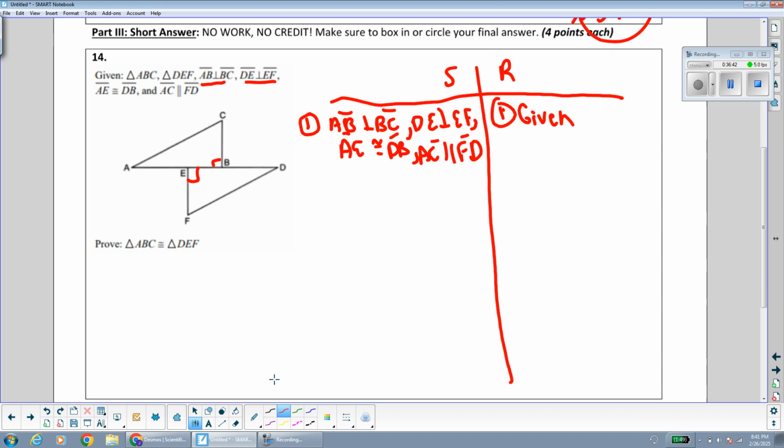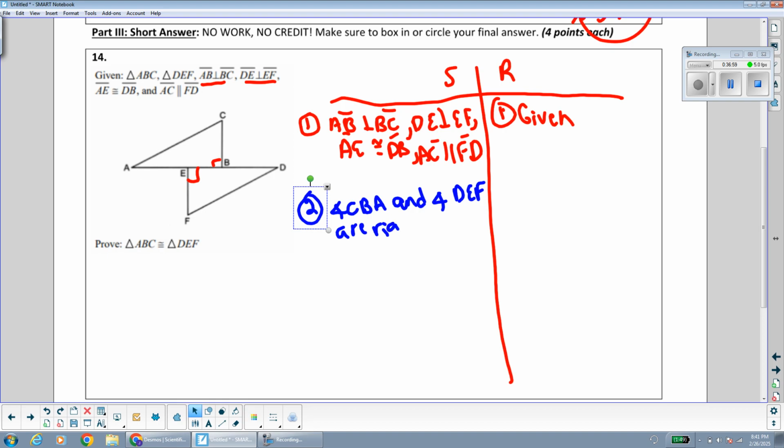So once again, 0 points right now. But magically, if I write angle CBA and angle DEF are right angles due to the fact that perpendicular lines form right angles, because we did have the perpendicular lines in the givens, magically I can get a point.